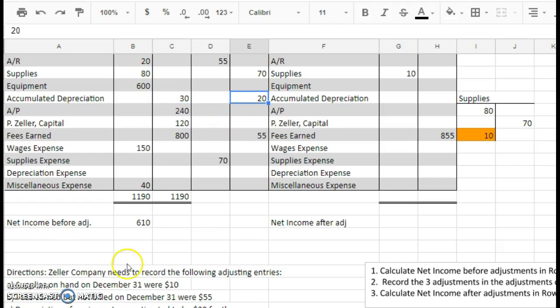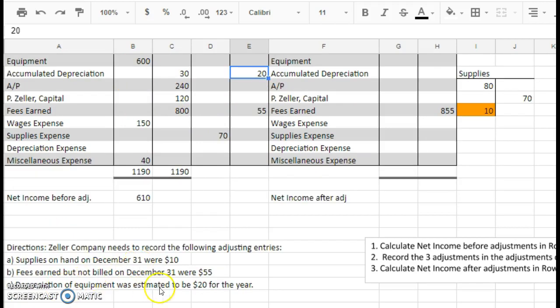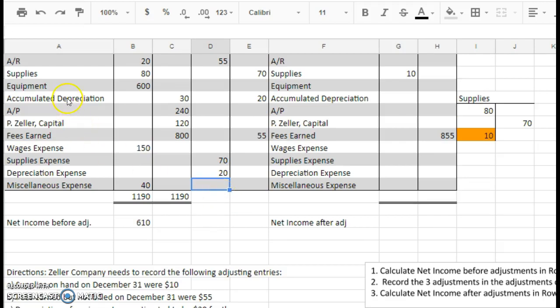So depreciation was $20. I have to depreciate it $20. So we credited the asset, but we used accumulated depreciation to keep track of all the depreciation on that piece of equipment, because we don't want to lose what the actual cost of that equipment was.